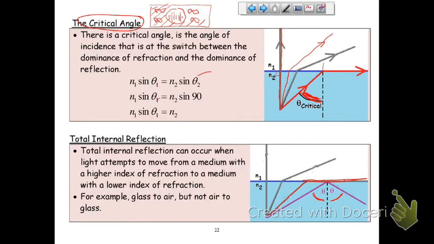Just learn that the critical angle is the angle you need in the high refractive index material to give you a 90-degree angle of refraction in the low refractive index material. And remember this example, water and air, and you won't get it backwards. And once you get bigger than the critical angle, you get total internal reflection.